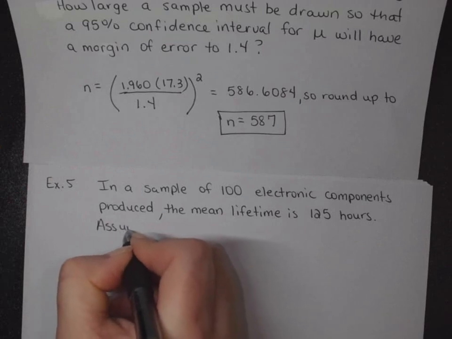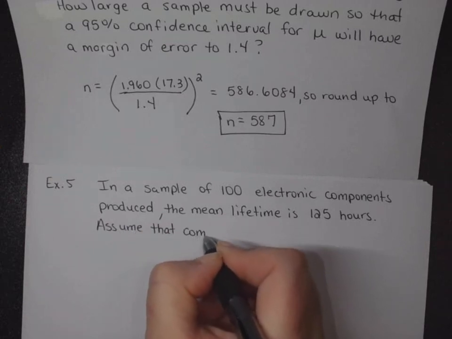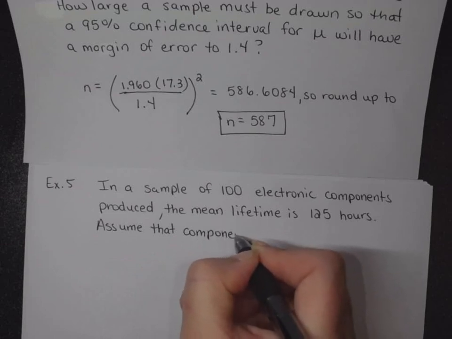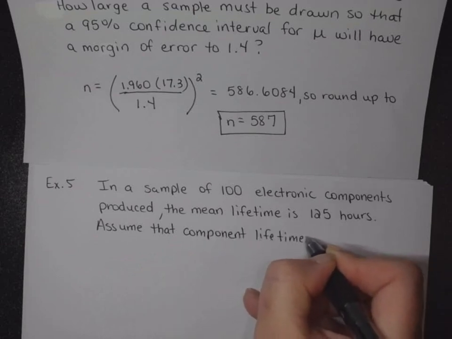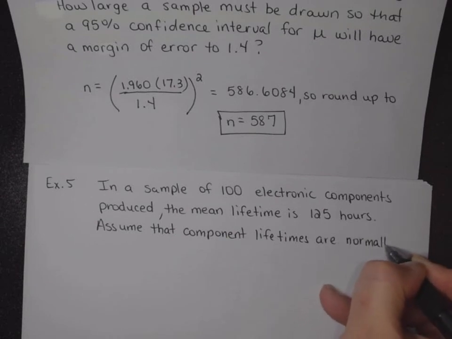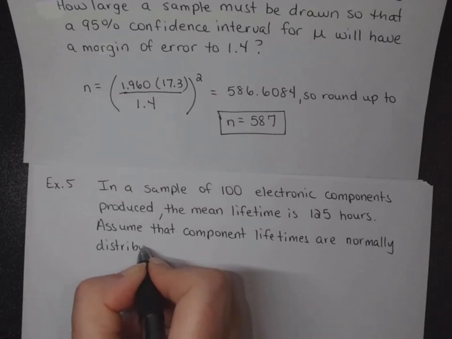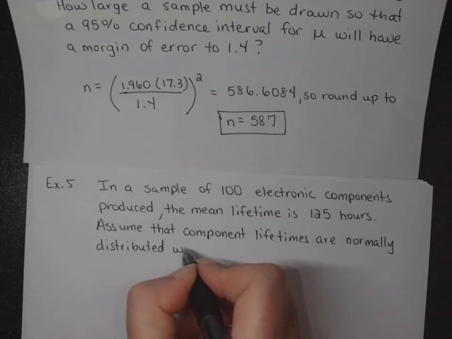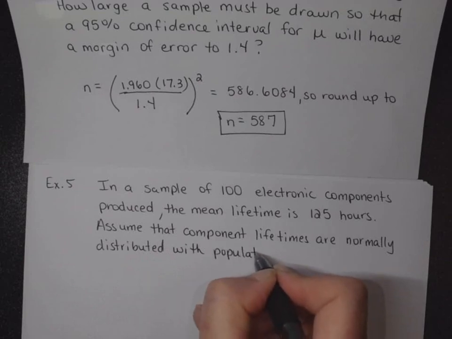So we're going to assume that component lifetimes are normally distributed. In other words, we're allowed to use the charts we've been using with a population standard deviation of 20 hours.